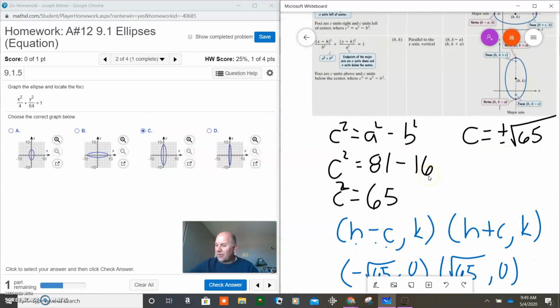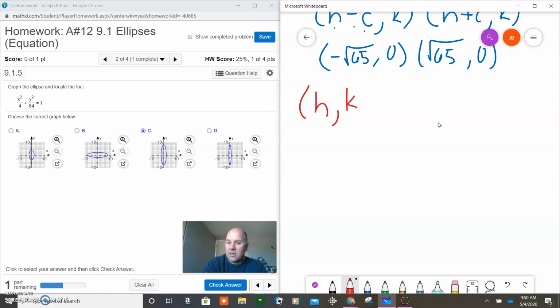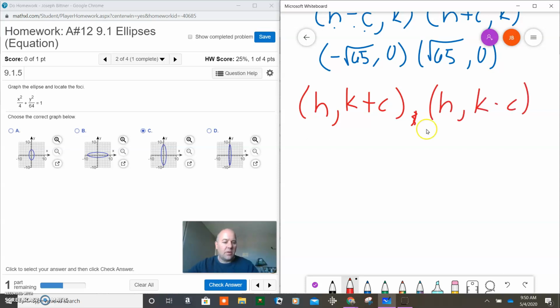Now, let me go back. I want to look at the foci on this again. The foci will go (h, k plus c) and (h, k minus c). So whenever we go through and solve this, it will be h, k plus c, and h, k minus c.